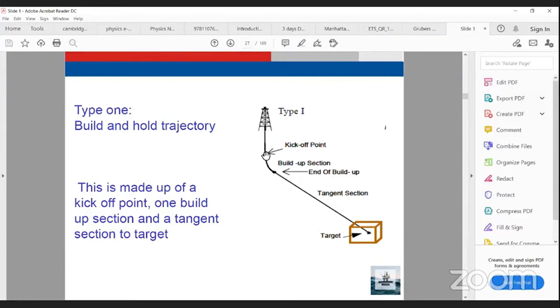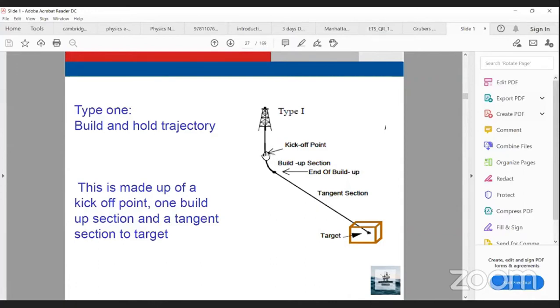Then when I reach the kickoff point, which I plan, and we will learn on the second and third day how to select the kickoff point and when to start to deviate the well. It depends mainly on the formation, the rock types, and the circumstances in the hole.